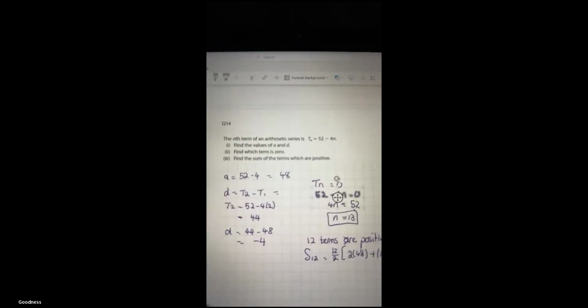The nth term of an arithmetic series is... I can't really see. Is that Tn equals 52? Yes, Tn equals 52 minus 4n.